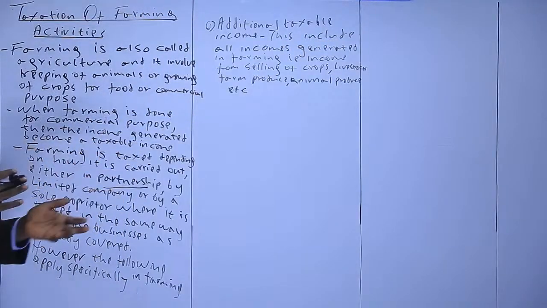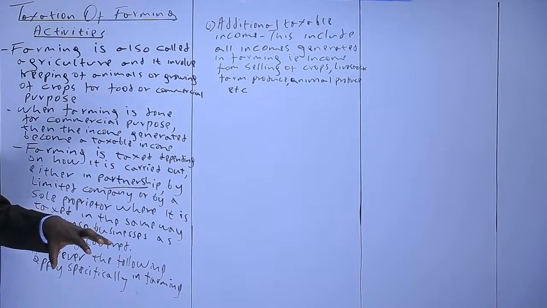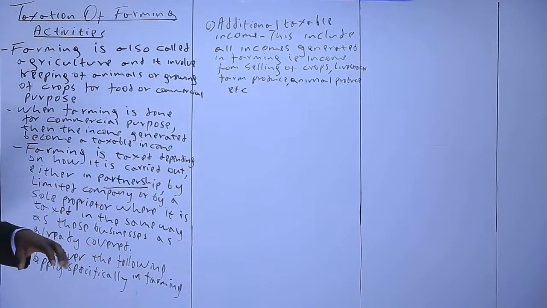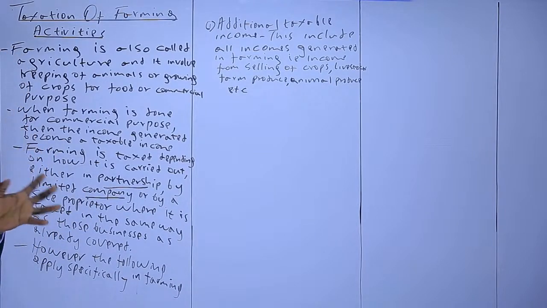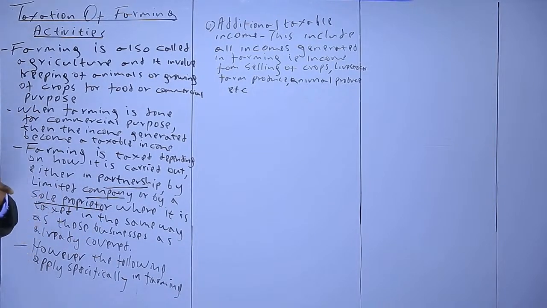Partnership, the way we have covered in our previous lesson: determine the taxable income, then distribute the income to the partners, then tax them individually. Is it done by a limited company? It is a company, determine the taxable income of the company, then tax the company, just normally. Is it done by a sole proprietor? You determine the taxable income of that sole proprietor, then tax him.